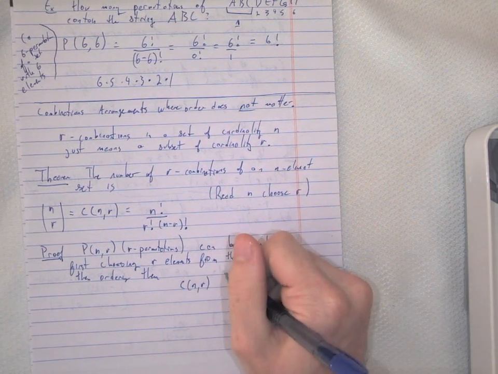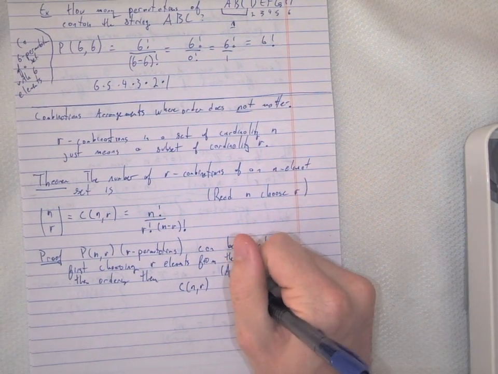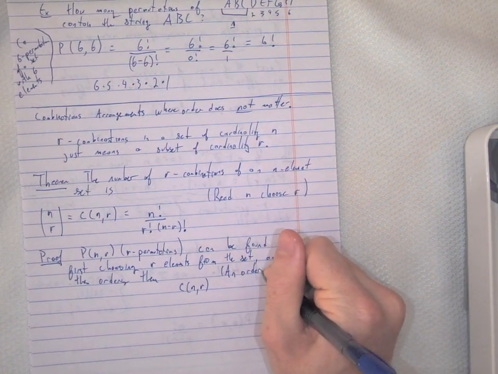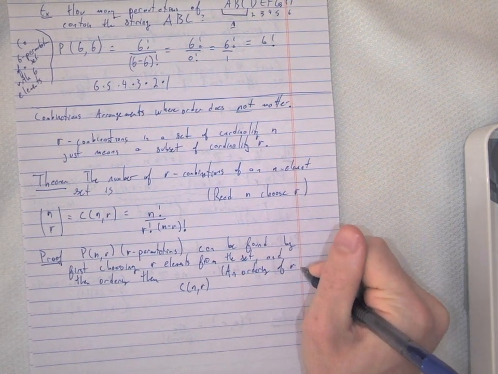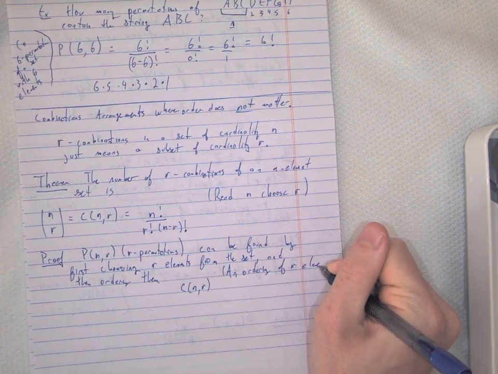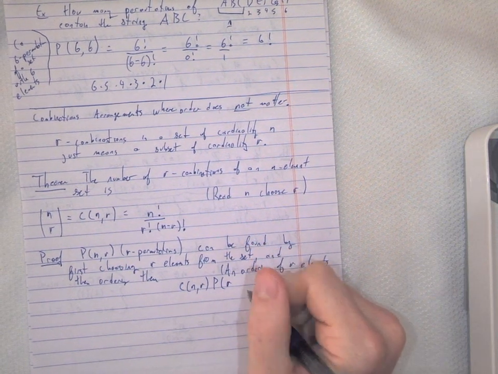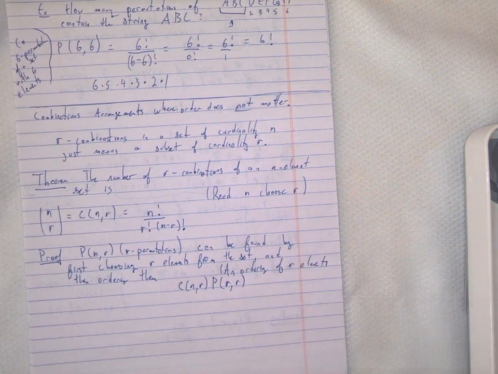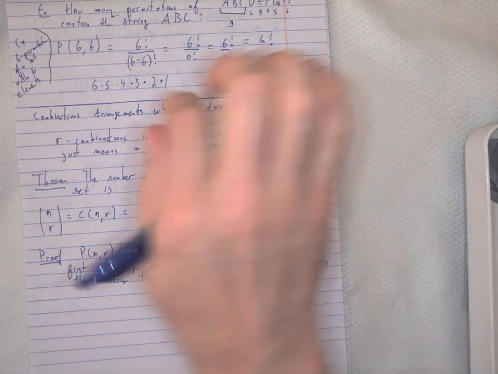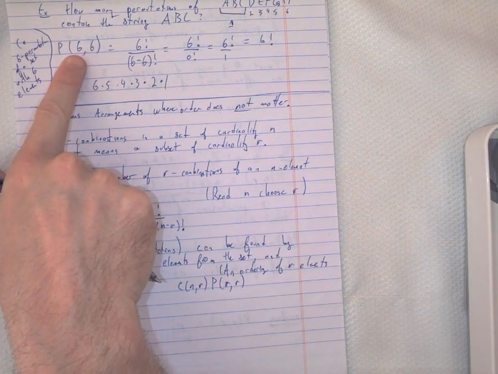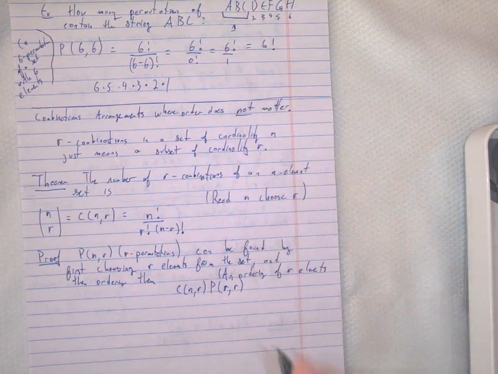So an ordering of R elements is the same thing as a permutation of R. This is exactly what we were doing up here. This is some way of ordering 6 elements.